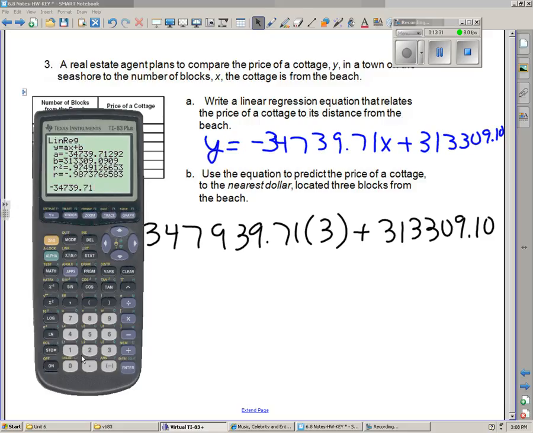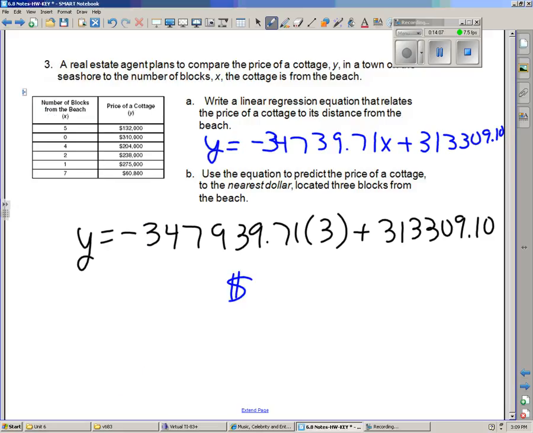We're going to multiply that by 3 blocks, and then we're going to add to that 313,309.10. Okay. And so then approximately how much would this thing cost to the nearest dollar? To the nearest dollar, it's going to cost $209,090.